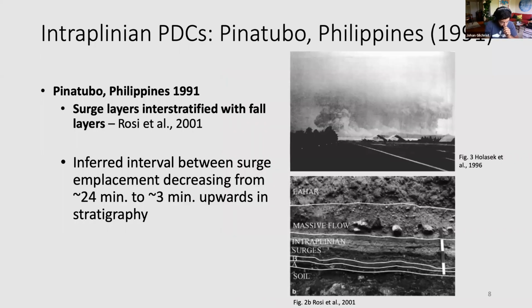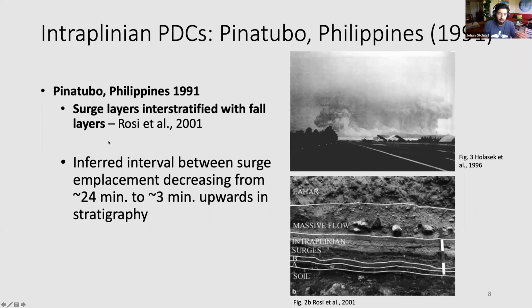Now there's further evidence for the existence of the partial collapse regime, which was observed from the Pinatubo eruption. In this figure up here, we see co-ignimbrite clouds rising from PDCs from an eruption column of Pinatubo that's either in the partial collapse or total collapse regime. In the proximal deposit, you see, again, alternating pyroclastic surge layers, which I'm just going to call PDC layers, that are interstratified with tephra fall layers interpreted to be from an umbrella cloud.